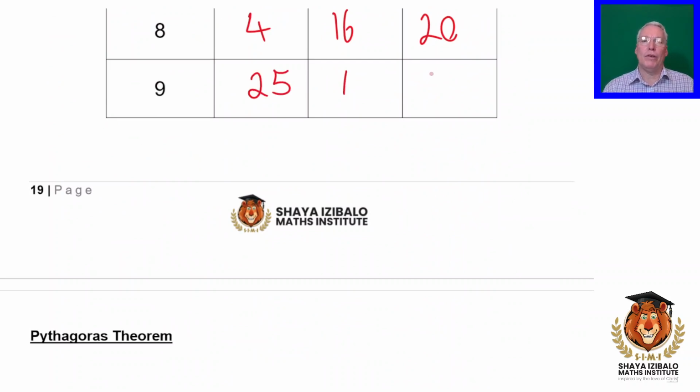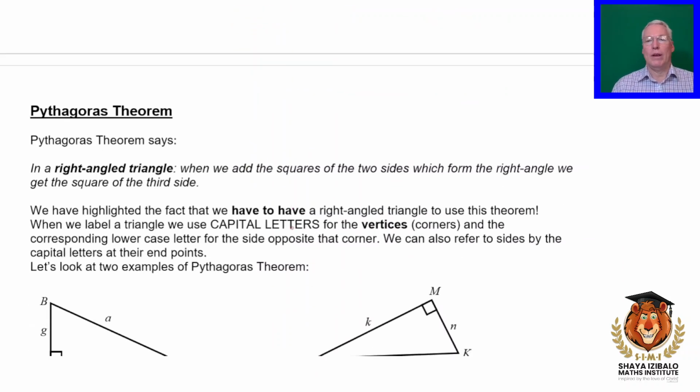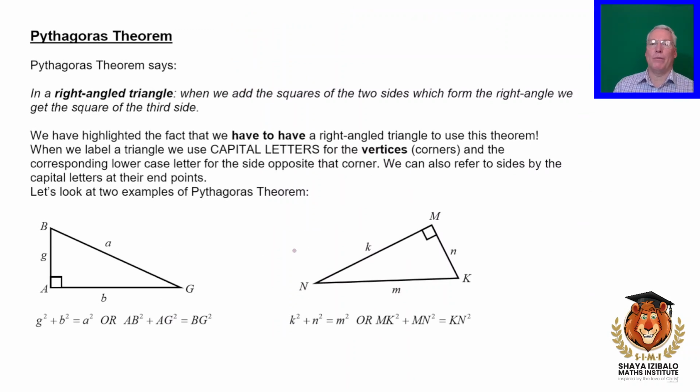Now, what we should notice here is that every time, the areas of the squares on the sides of the triangle, when we add them together, make up the same area as on the longest side of the triangle. And this is what Pythagoras' theorem says.